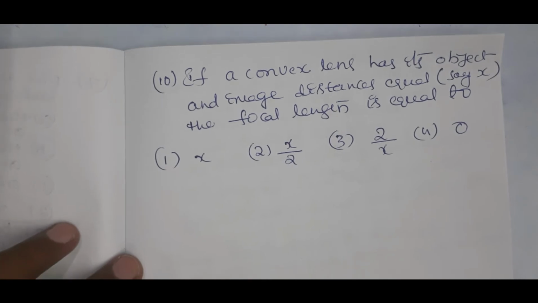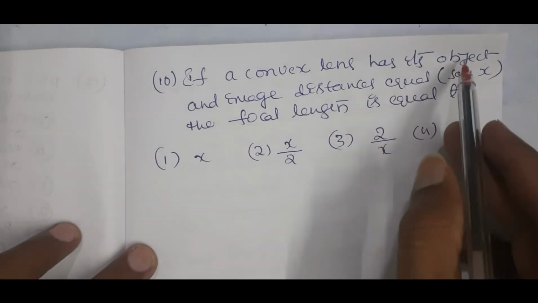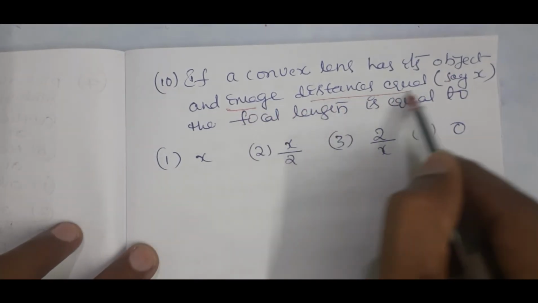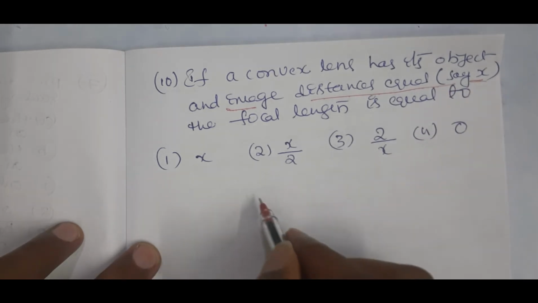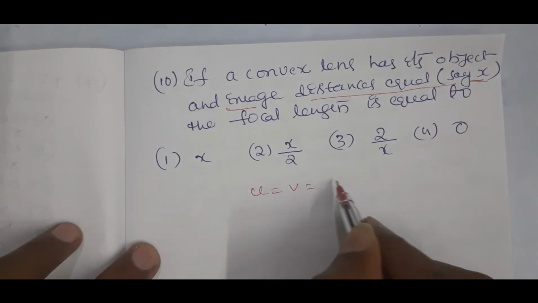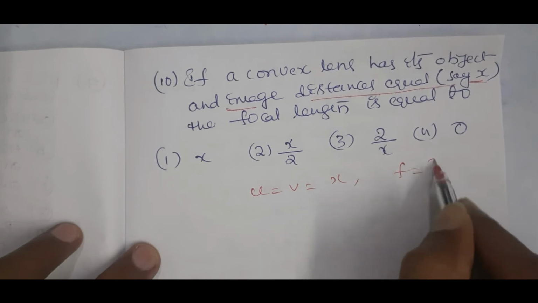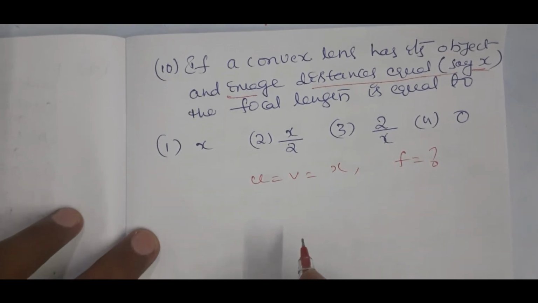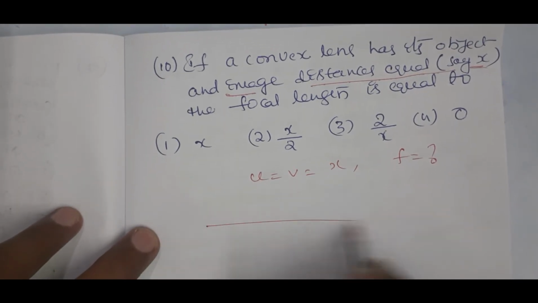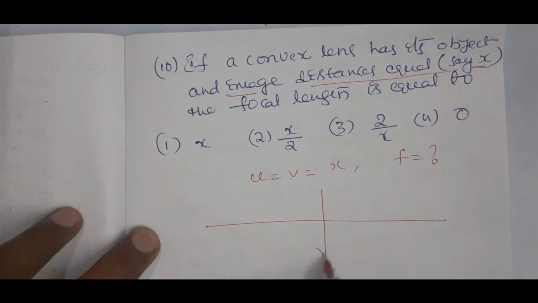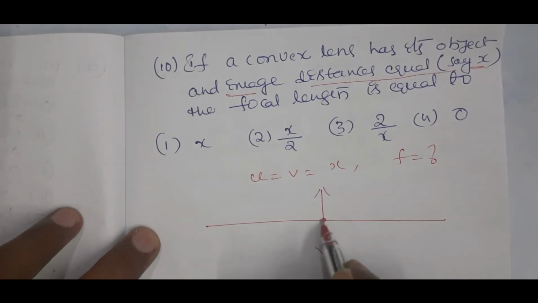Next, the 10th one, most important. If a convex lens has object distance and image distance equal, say x, so u is equal to v is equal to x, then we want to find the focal length. In which case are object distance and image distance equal for a convex lens? Consider a convex lens symbol and this is the principal axis. Focal point f2, center of curvature c2, and focal point f1, center of curvature c1.